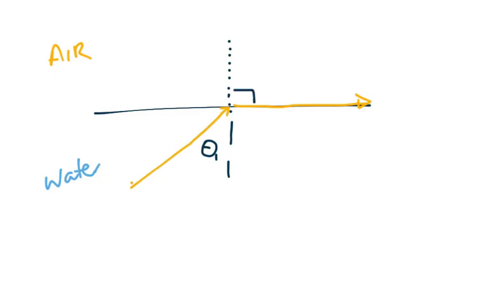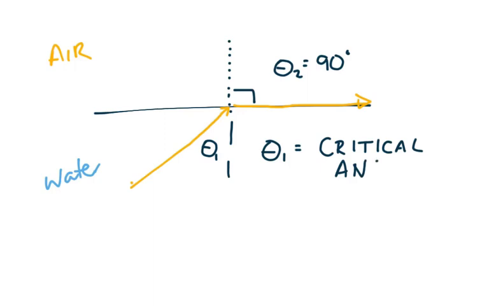It's perpendicular to the normal. So theta 2 equals 90 degrees. That means if this is happening where it's at 90 degrees, theta 1 is called the critical angle. Okay, so your critical angle is at the point where the refracted ray runs parallel between the two interfaces of the different densities.